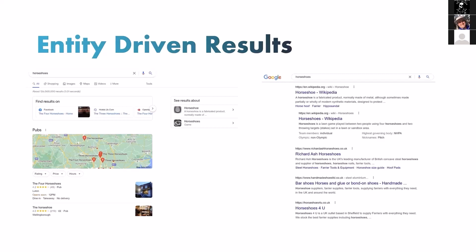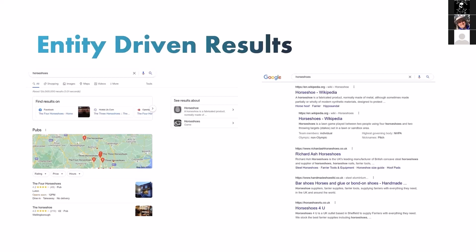And the core index still doesn't know, because we haven't given it any more help, whether we're looking for a farrier, a person that puts on horses' shoes, or whether we're looking for a pub. So without that context, Google's core index on the right goes straight to the heart of the matter, not to Horseshoe Pass or to Horseshoe Falls, but with context, namely a location, Google can find those entities on the left-hand side, and with a little bit more context, Google knows whether you're looking for a farrier or a pub.